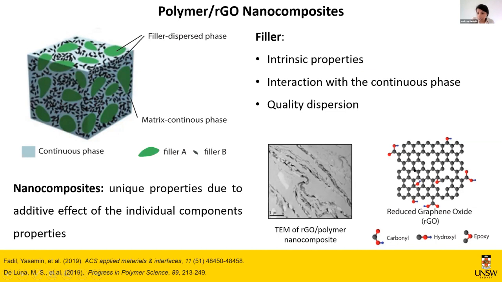And then we can see how this electron delocalization happens through the sp2 orbitals along all the reduced graphene oxide. Then we must highlight that the filler gave us the electronic conductivity in this polymer nanocomposite.